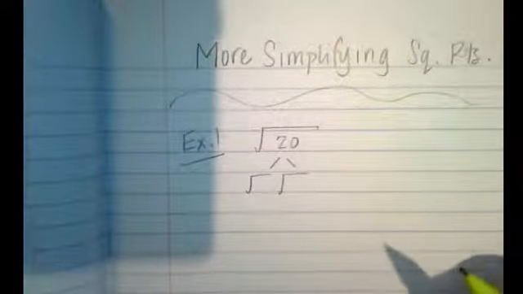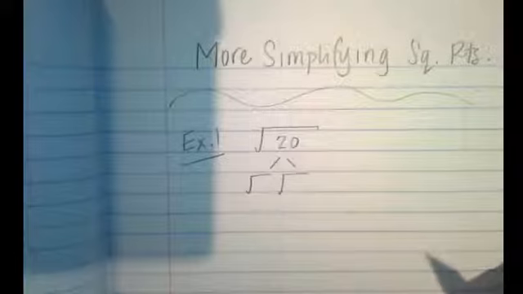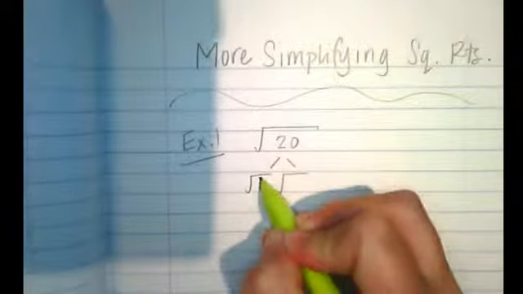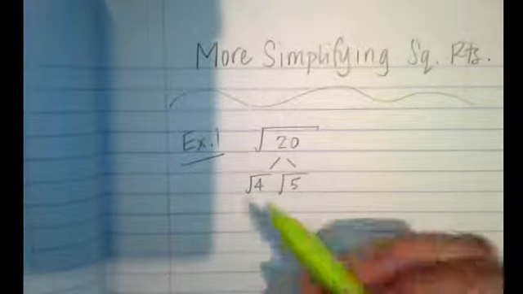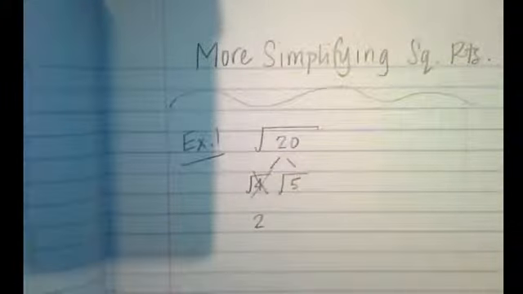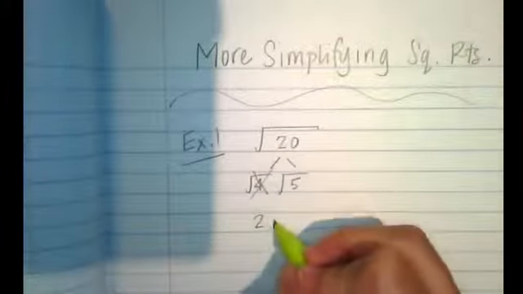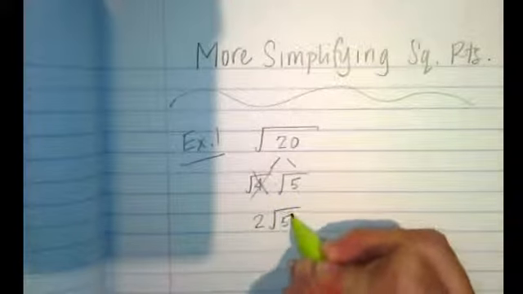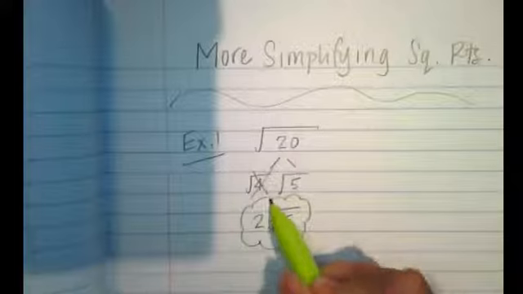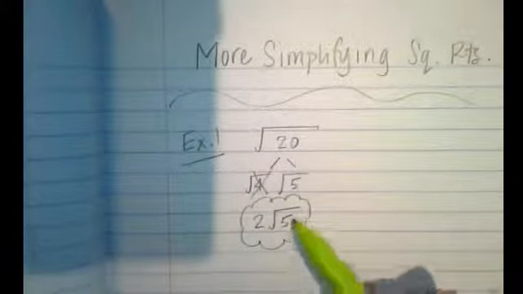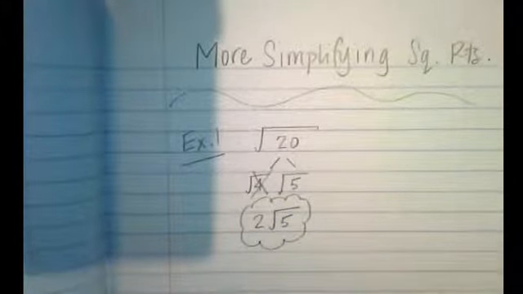So if you think about factors of 20, 2 and 10, but neither one of those are perfect. So we would want to choose 4 times 5. So then the square root of 4 we can replace with a 2. And the square root of 5 is not perfect and can't be broken down anymore. So that is the simplified version of the square root of 20.